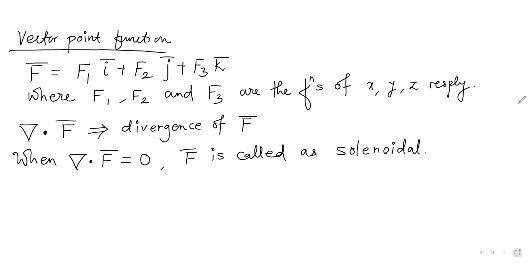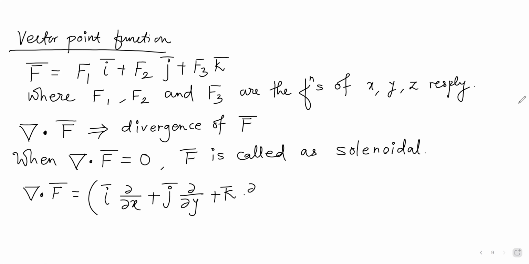Now we'll calculate this del dot f bar. What is our del dot f bar here? Now del is nothing but i bar times ∂/∂x plus j bar times ∂/∂y plus k bar times ∂/∂z, dot f bar, which is nothing but f1 i bar plus f2 j bar plus f3 k bar.